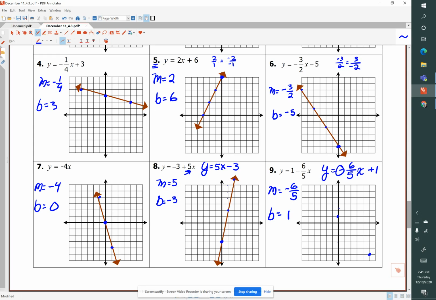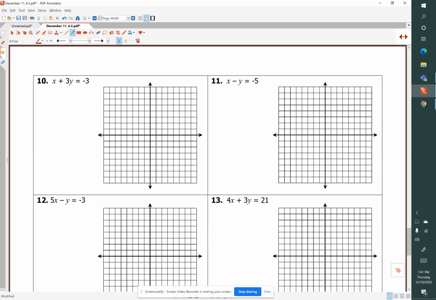And we can go up 6, 1, 2, 3, 4, 5, 6, and over 5, which would put us right about here. And let's get our smooth line with arrows at both ends. You see why they have to be in slope-intercept form? If they're not in slope-intercept form, it would be very difficult to graph them.